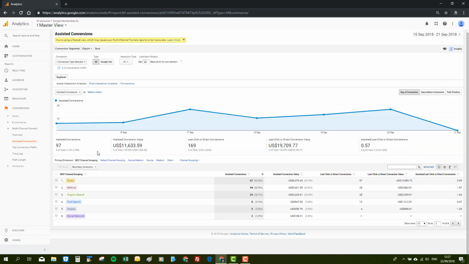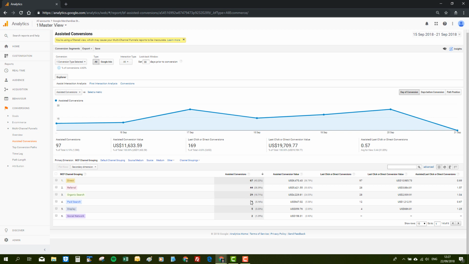Assisted conversions show us the number again of our selected transaction or conversion type, the grouping that led to assisted conversions. Paid search might have been the channel that drove a number of direct conversions, so the last click before someone converts was a paid search click.